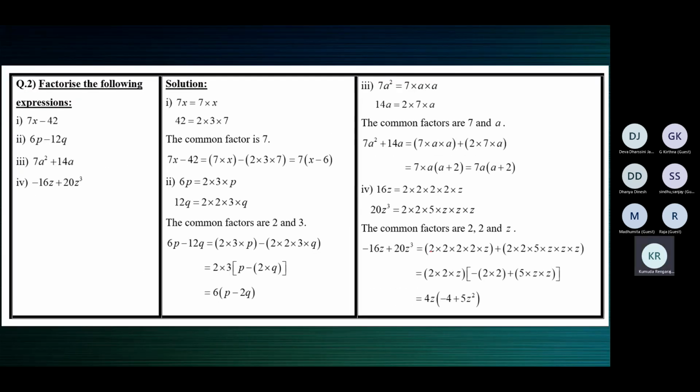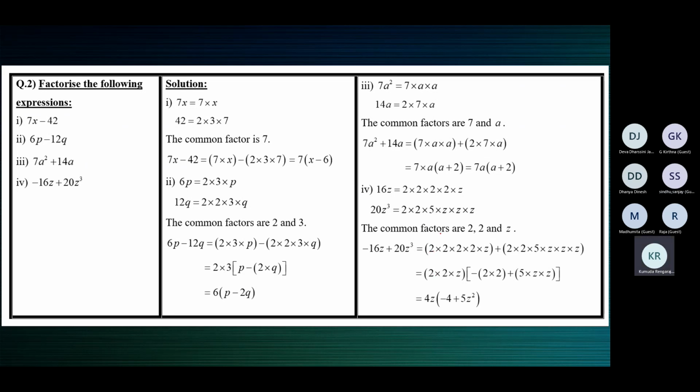Take a screenshot, please complete the fourth one. Ma'am, completed the fourth one also, ma'am. Okay, the fourth one, I think I forgot the minus sign.